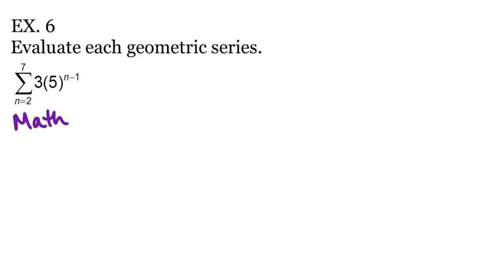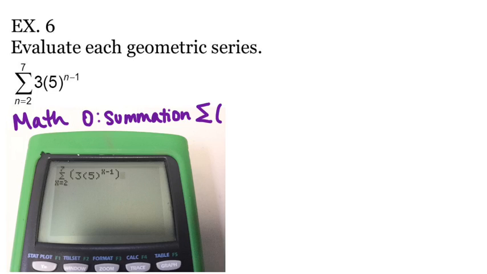So in your calculator, if you hit the math button and you go down to 0, you're going to see summation, and it should have a sigma symbol with an open parenthesis. After you hit enter in your calculator, it's going to have little boxes for you to type things in. And you're going to put X and a 2 at the bottom and then a 7 at the top.